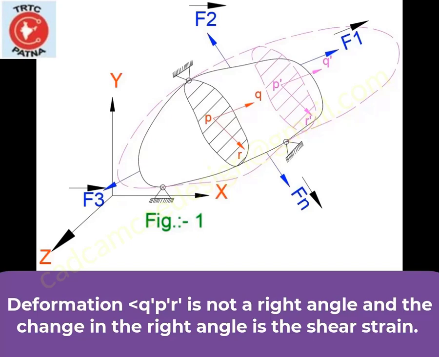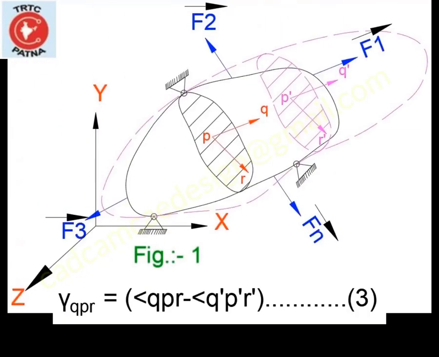As a result of deformation, angle Q dash P dash R dash is not a right angle, and the change in the right angle is the shear strain. Shear strain QPR equals angle QPR minus angle Q dash P dash R dash.